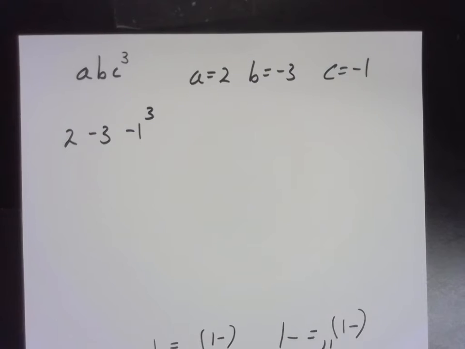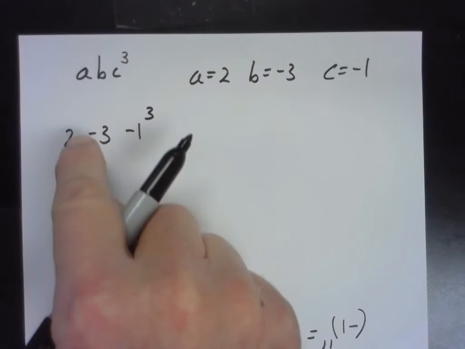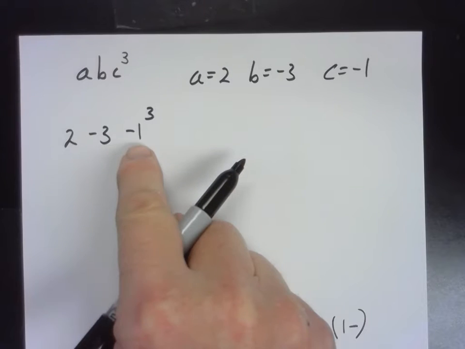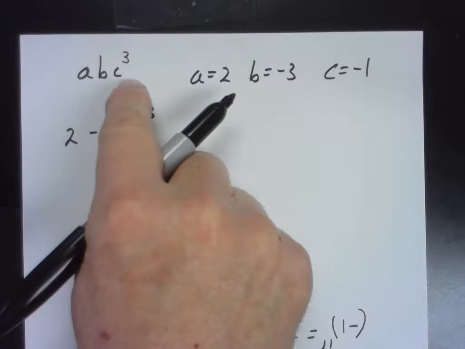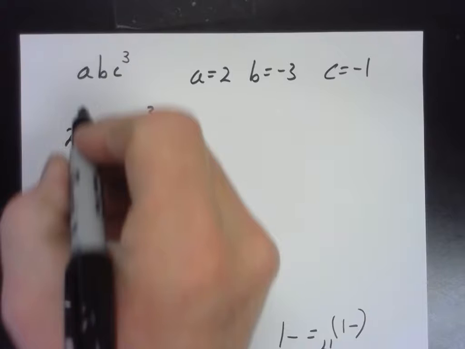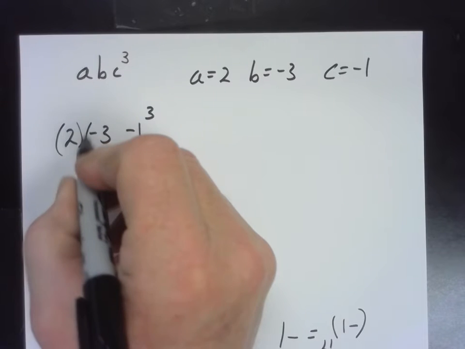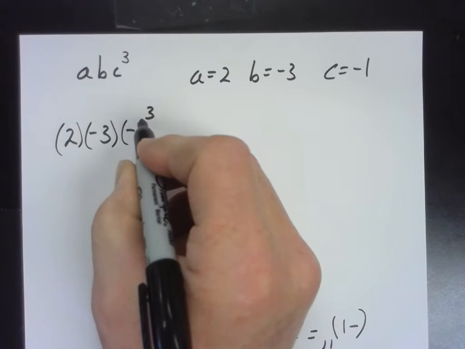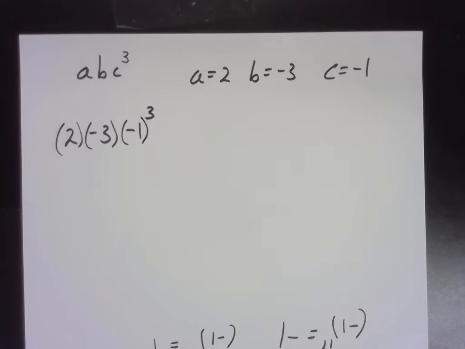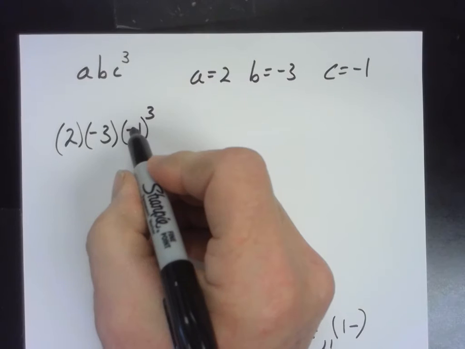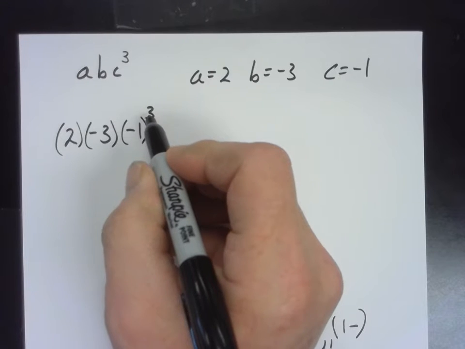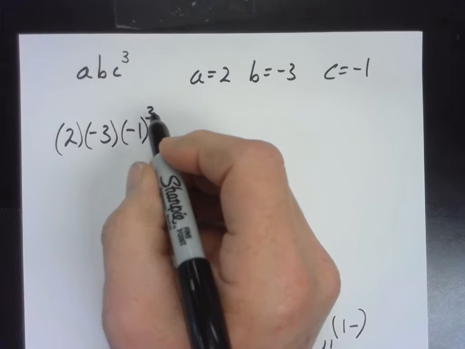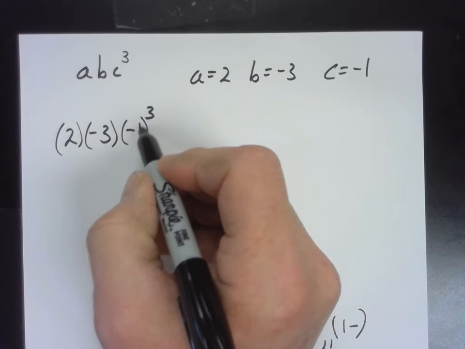Does this problem say 2 subtract 3 subtract 1 cubed? In fact, is there any subtraction in our problem? No. But if we replace with parentheses, like that, right? Okay. And what is negative 1 cubed? Negative 1.